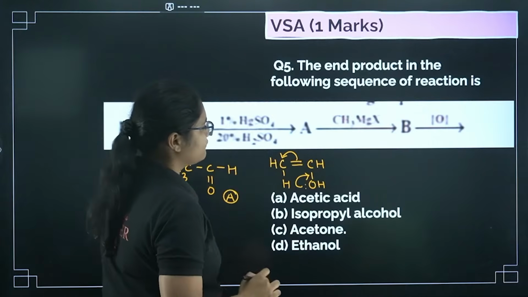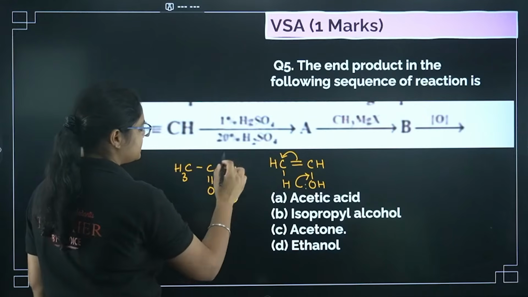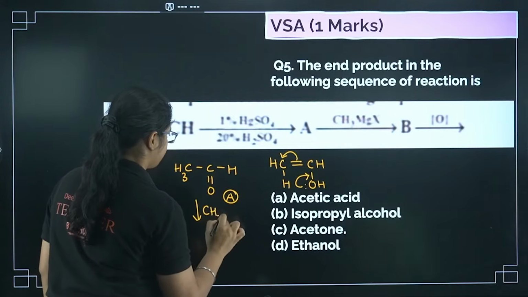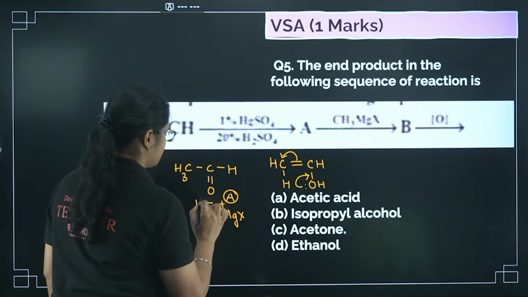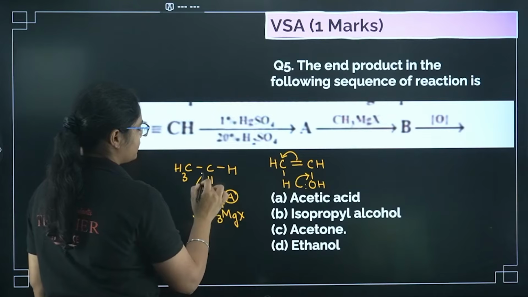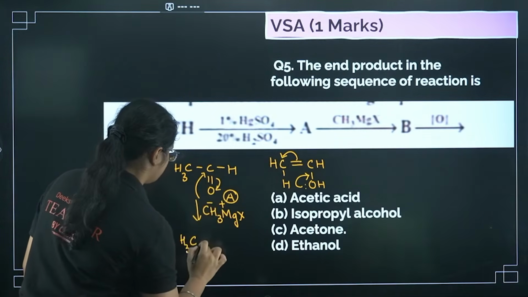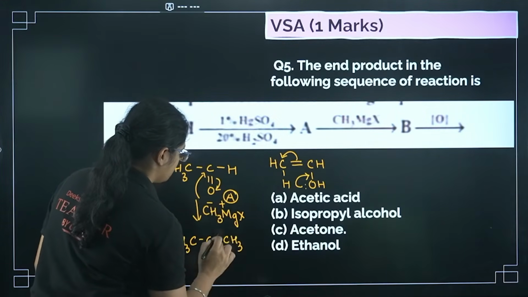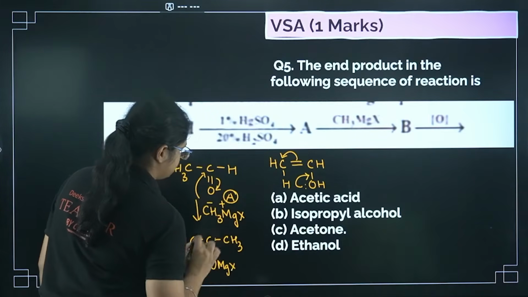Now what will happen, we will add CH3MgX to this one. Now when you add CH3MgX to this one, so that is like this, plus and minus. So this one will attack on this one will go here. So you will get CH3C, and then you have CH3, and then you have OMgX.